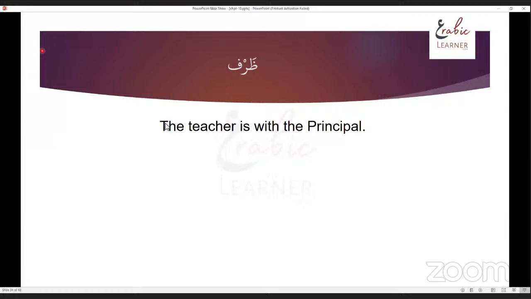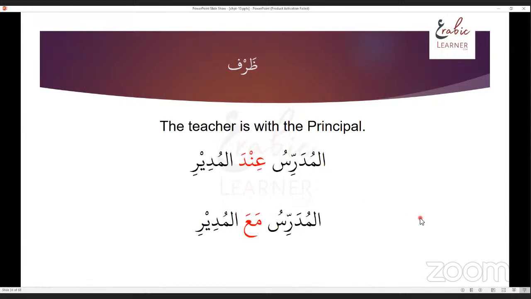All of you remember the topic that we took in chapter 9. We can say it in two ways: Al-mudarrisu inda al-mudiri, and Al-mudarrisu ma'al mudiri. I have told you the difference between li and inda.